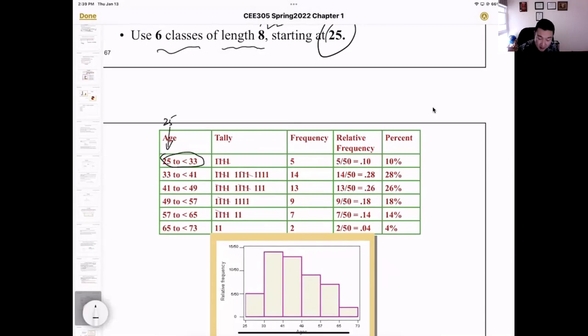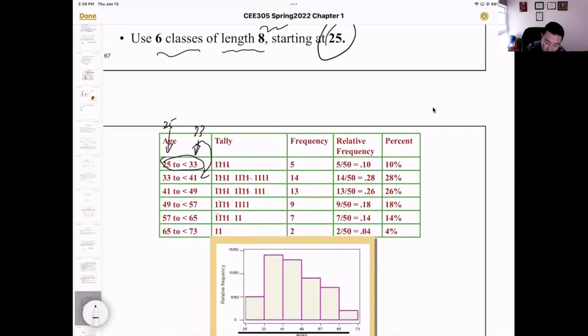However, if the age is 33, it cannot be included in this interval. It will be included in the next interval. So we call that left inclusive. And then we simply do the tally.